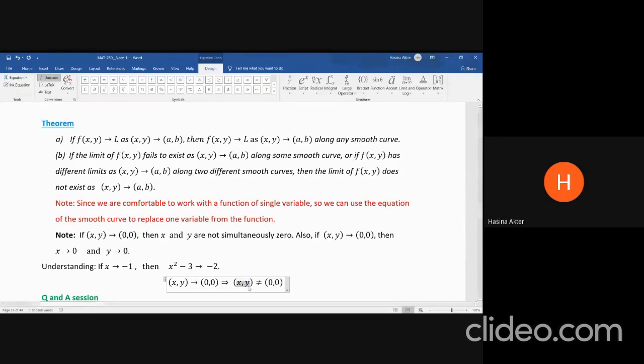Okay, x is close to 0, y is close to 0. If (x,y) is close to (0,0), then x is close to 0 and y is close to 0. That is good. But y close to 0 does not mean that y equals 0. X close to 0 does not mean that x equals 0.